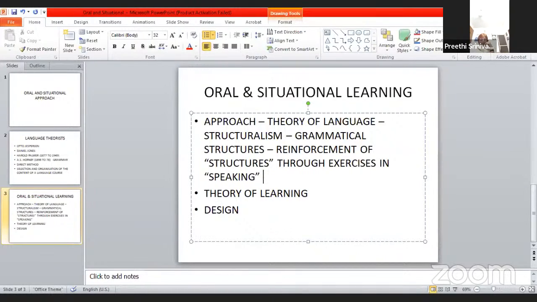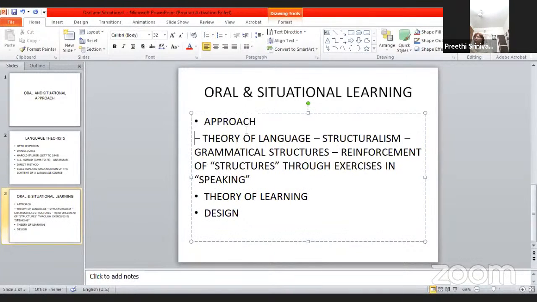And they have a theory of learning. The theory of learning states that their approach is behaviorist, habit formation.